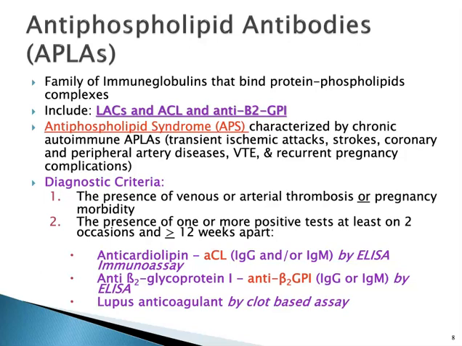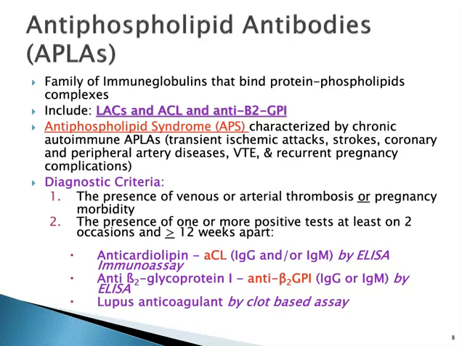So these are the tests that should be positive. The anticardiolipin, which is an immunoassay. We can use an IgG or an IgM by ELISA immunoassay, or the anti-beta 2 glycoprotein 1, which is another immunoassay by ELISA, or the positive lupus anticoagulant done by a clot-based assay.